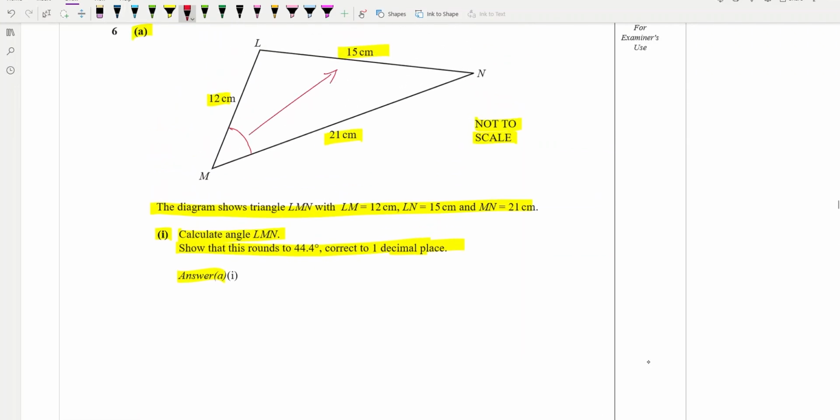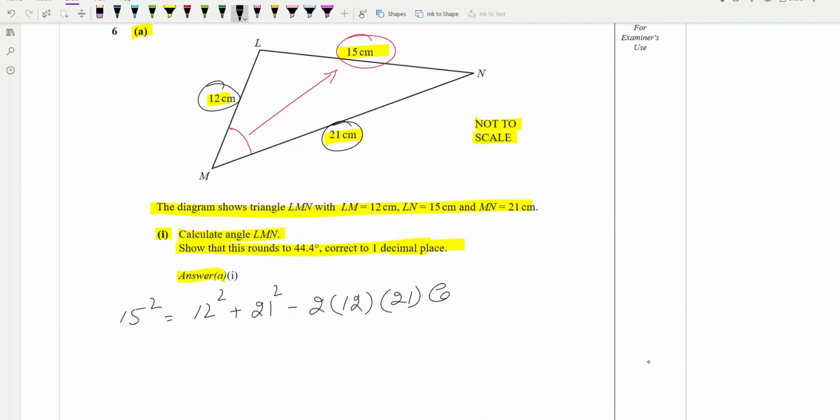Opposite of this angle we will take, which is 15. So we'll write here 15 squared is equal to one side squared, which is 12 squared, plus the other side squared, which is 21 squared, minus 2 into one side, which is 12, and the other side, which is 21, and cos of LMN, which we can take as theta.